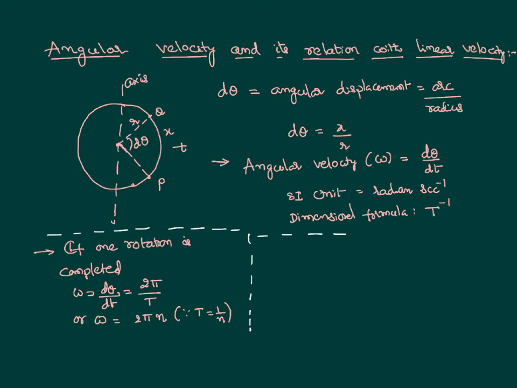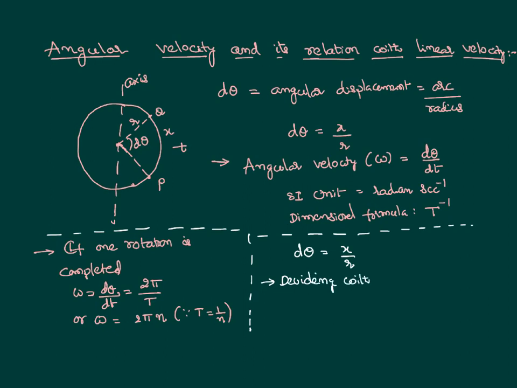Now we would like to proceed a little bit further. We have written just now that angular displacement d theta is defined as arc divided by radius. Let us divide this equation on both sides with the time.